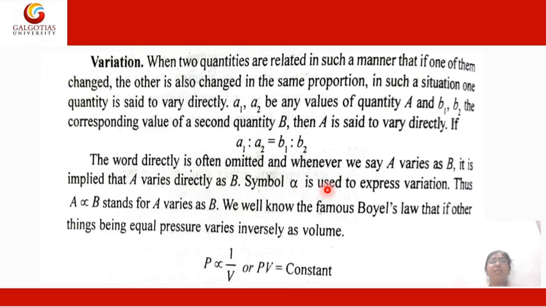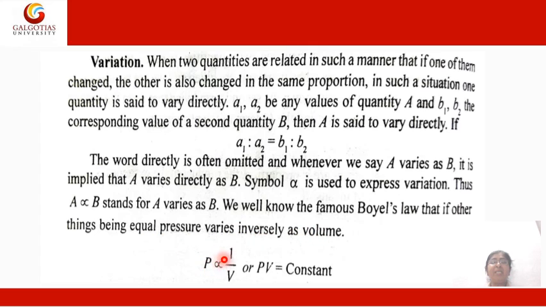The symbol of proportionality is used to express variation. Thus, A is proportional to B stands for A varies as B. We know the famous Boyle's law: other things being equal, pressure varies inversely as volume.